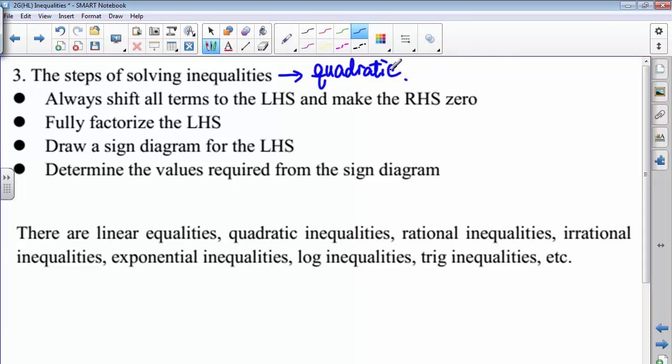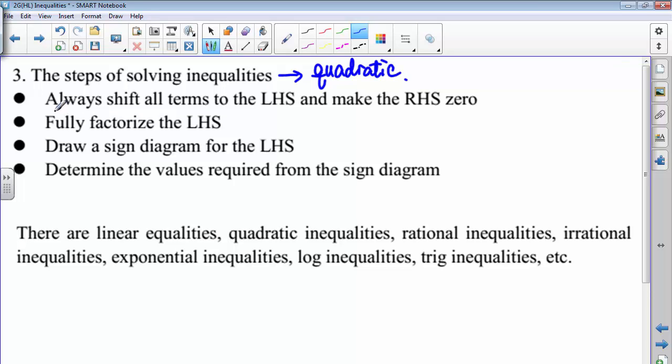Those steps are not for linear inequalities. For linear inequalities, we will use different steps. But anyway, let's look at the steps of solving a quadratic inequality.